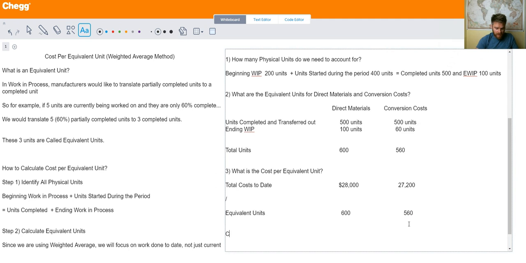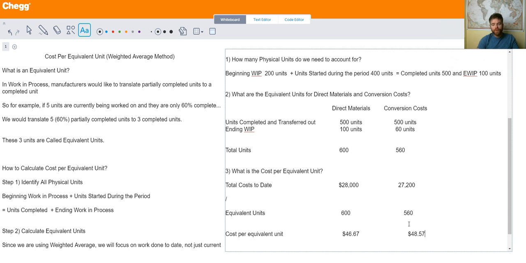And so our cost per equivalent unit will be equal to $46.67, and 27,200 divided by 560, $48.57.